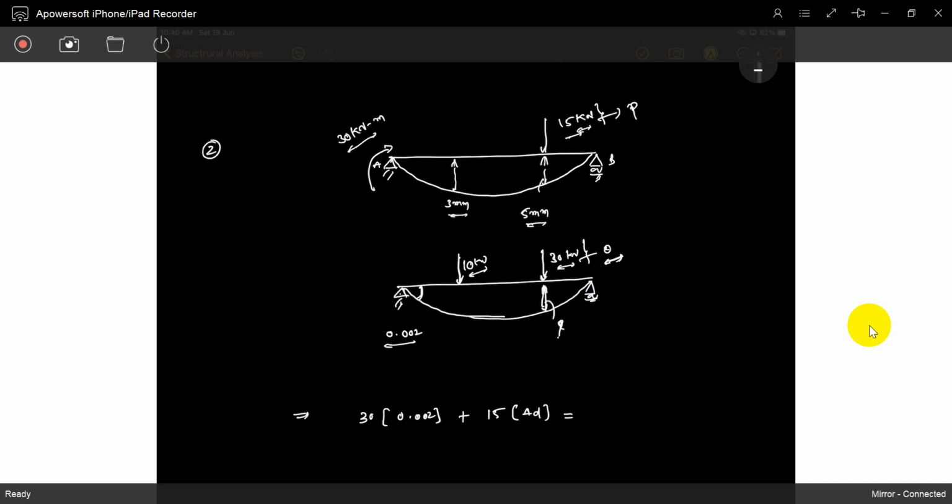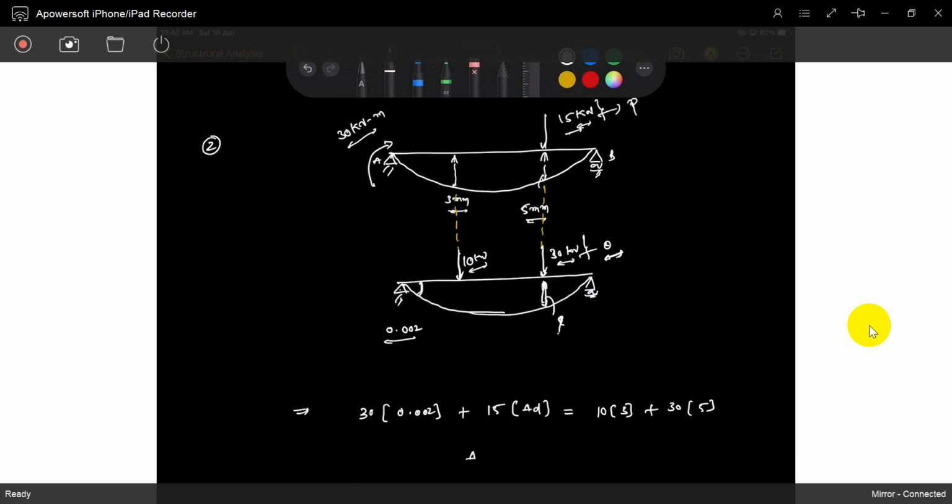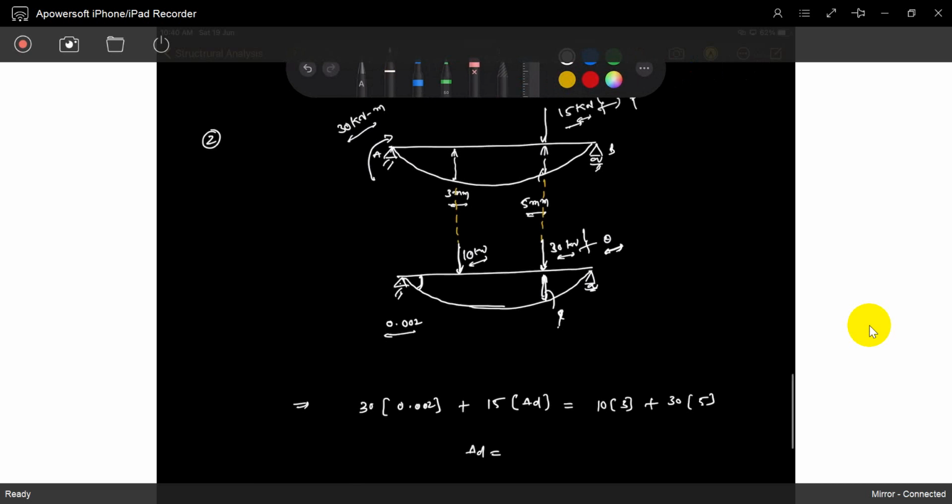That is 10 multiplied with 3 plus 30 multiplied with 5. Understood? So you can easily calculate delta. What is delta? That is 8 mm.